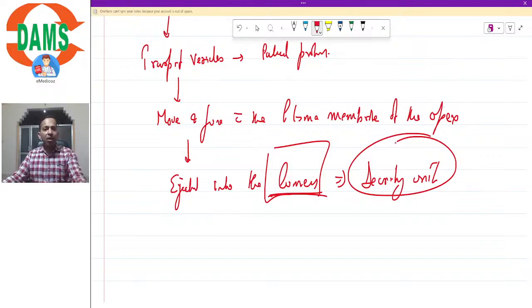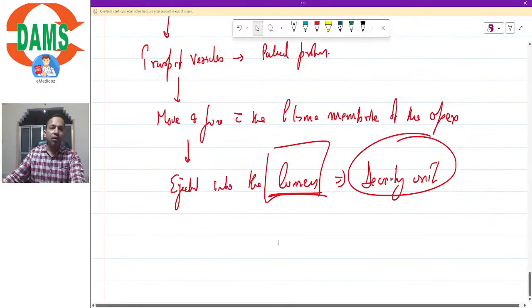Clear? So that's how the solid component of the saliva is formed.